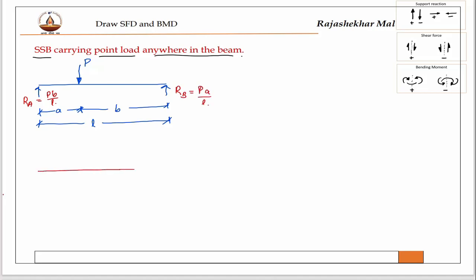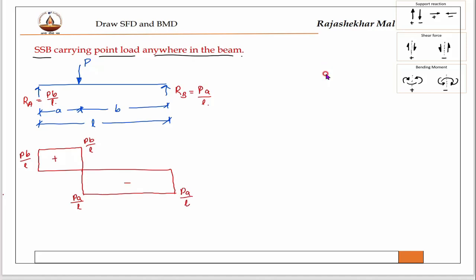Then your shear force diagram will be, this comes down, then after that further down, then horizontal, then this one. This value is PB by L. This is also PB by L, and this is PA by L. This is PA by L. This is negative and positive.